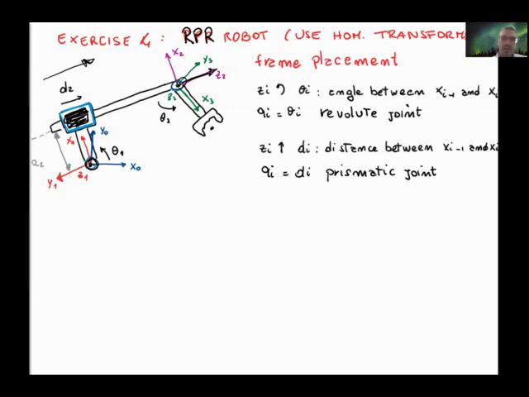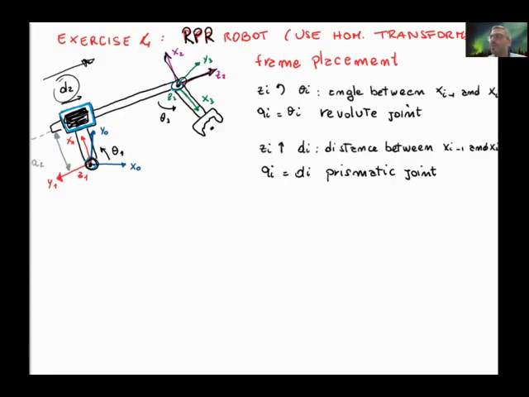And the distance between the x-axes, x2 and x1, is d2, the linear motion of the joint. So whenever there is zero motion of the joint, let's say we consider it the zero reference, the x2 vector is aligned with the x1 vector.